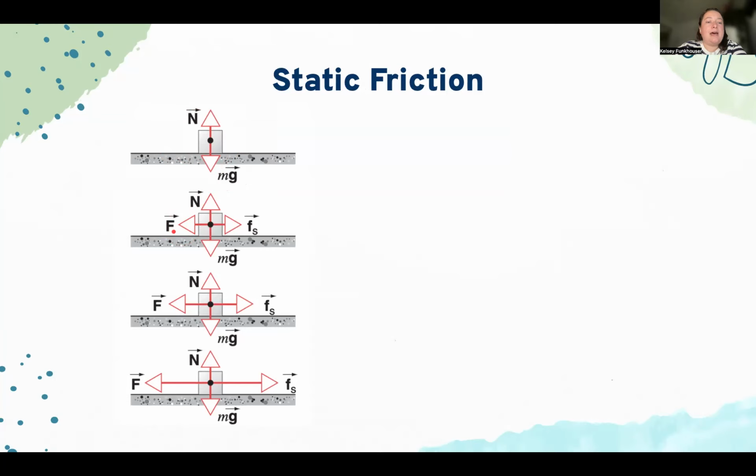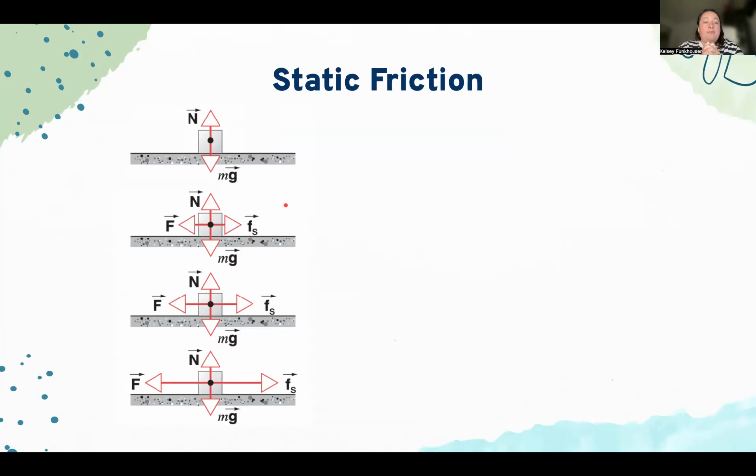When we apply this force, static friction also acts to oppose the motion. Our force would cause acceleration to the left, and that's why the friction force points to the right. So it acts to oppose the motion, the potential motion, really.